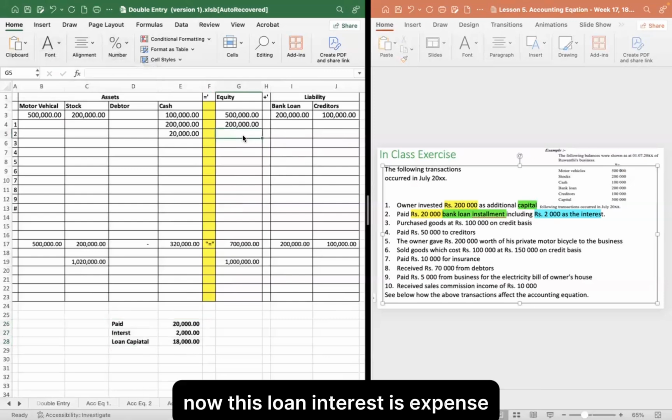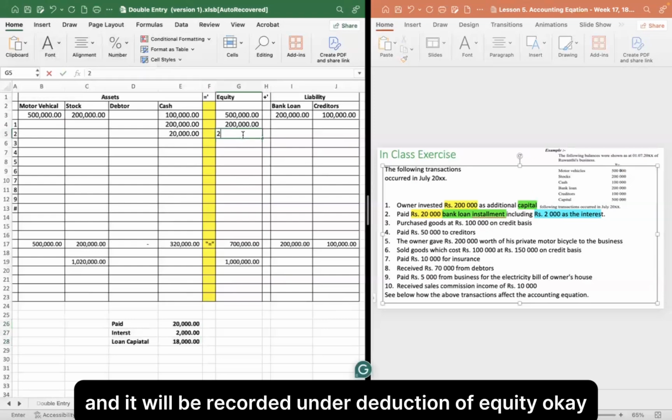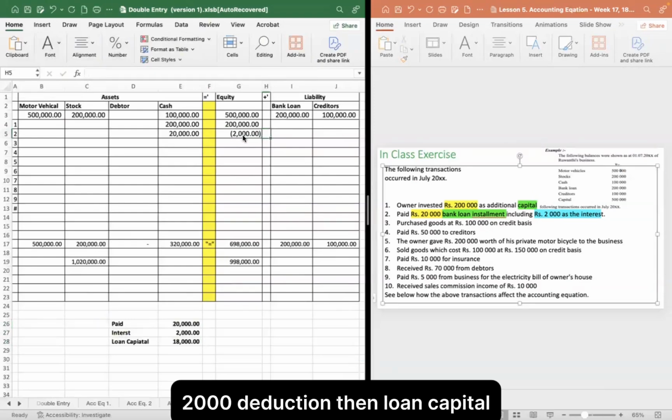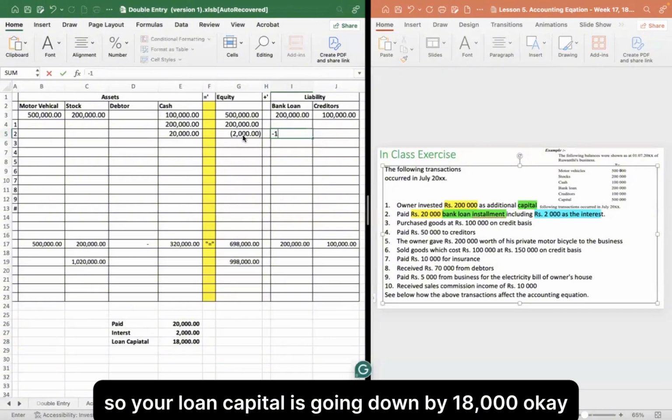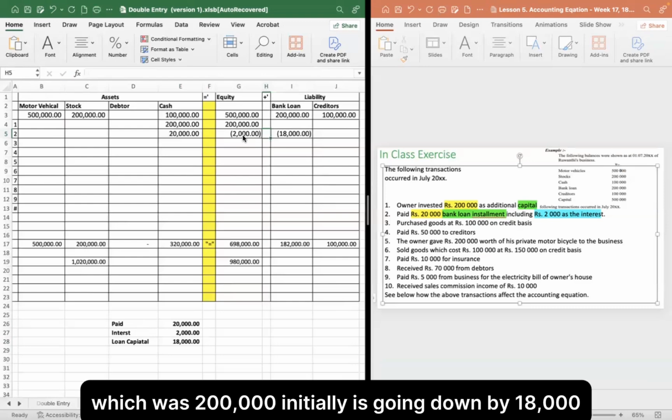Now this loan interest is an expense and it will be recorded under deduction of equity. 2,000 deduction. Then loan capital, so your loan capital is going down by 18,000. Your loan, which was 200,000 initially, is going down by 18,000.